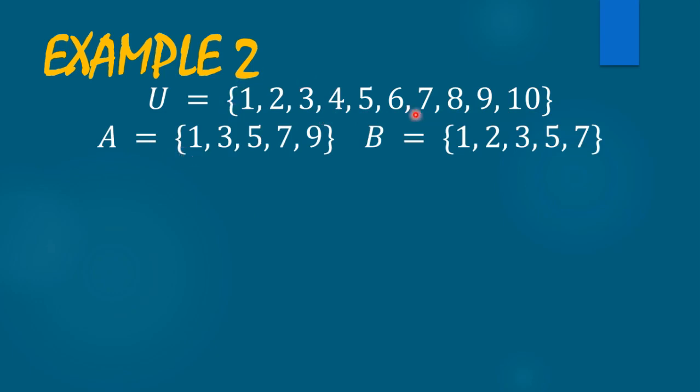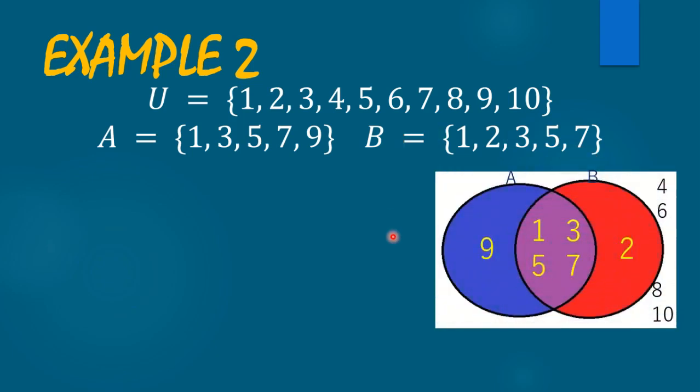From this given sample space, the odd numbers are those numbers that are not divisible by 2, such as 1, 3, 5, 7, 9. And then for event B, we have prime numbers. Prime numbers are those numbers having factors 1 and the number itself, such as 1, 2, 3, 5, and 7.